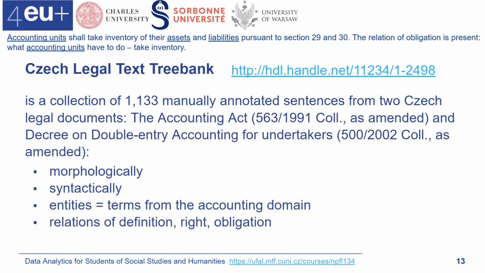The manual annotation concerns morphological annotation, meaning part of speech labeling and other morphological categories labeling. Then building dependency trees, so syntactic annotation. Then manual annotation of entities and relations between them.